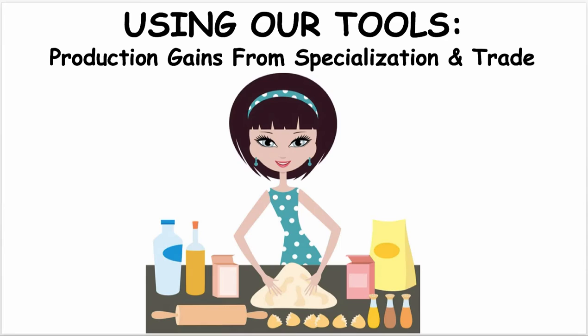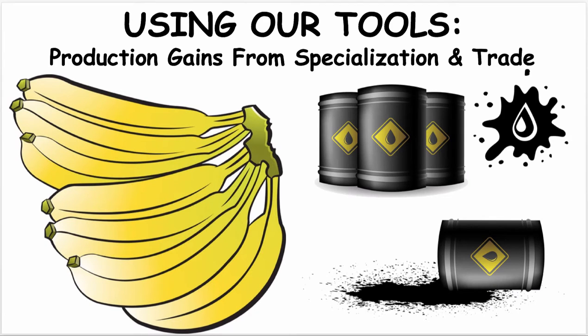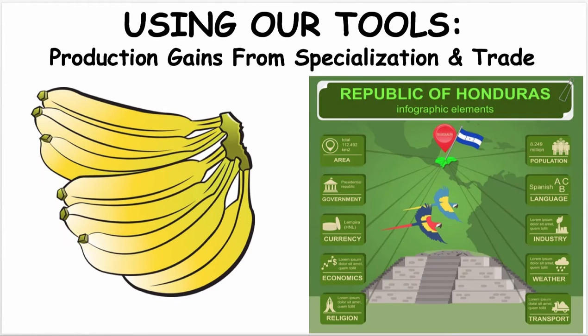So let's take all those ingredients, mix them together, and see what we can come up with. I also want to add two other things. First, I want to add bananas, and secondly, crude oil.